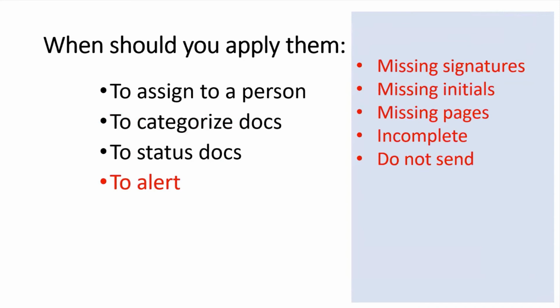So again, whatever you want to kind of look at your existing process, and how you look at docs or what you want to flag docs as, and then just go ahead and apply those to these labels. They're generic enough to be able to reflect whatever you need them to reflect.